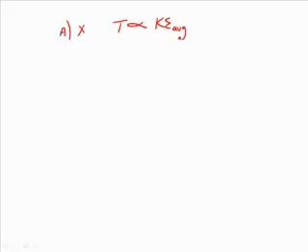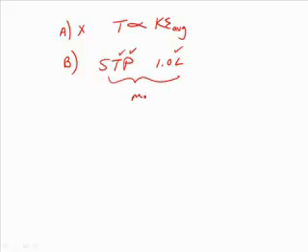B, at STP, 1 liter of argon contains about twice the number of atoms as 1 liter of neon, since the molar mass of argon is twice that of neon. No, at STP, 1 liter of the gas, so we have the same temperature, pressure, and volume. That means moles are the same. Doesn't matter what the molar mass is.